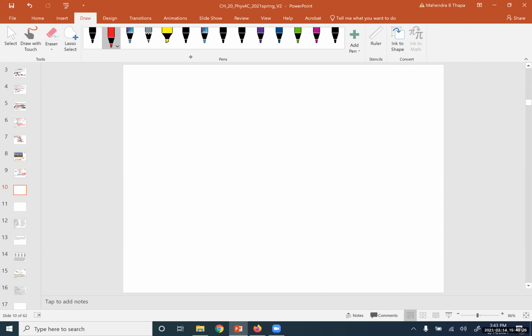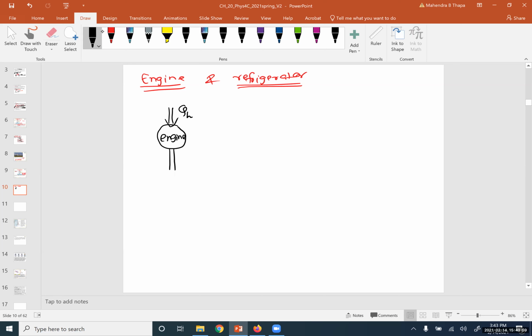So let's write in summary form. In the case of a heat engine, it takes heat from the source, then rejects heat to the sink, and then it does external work.